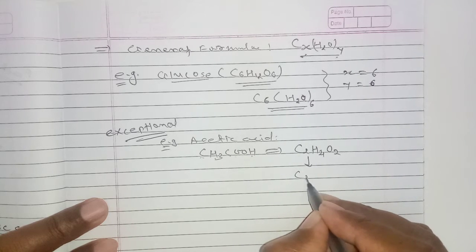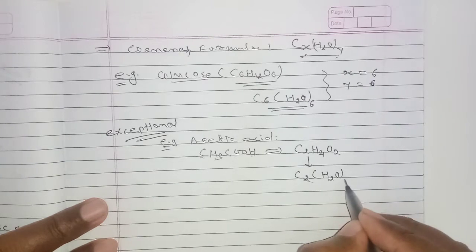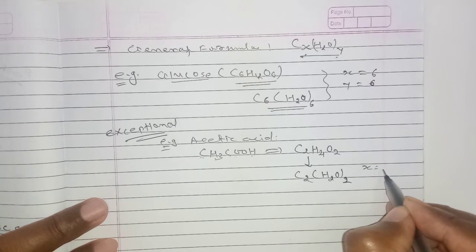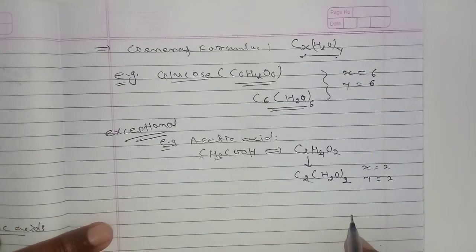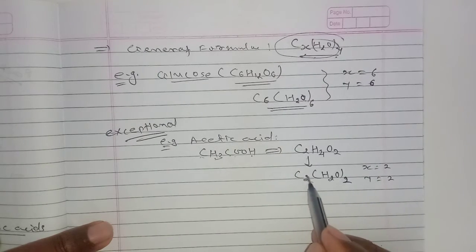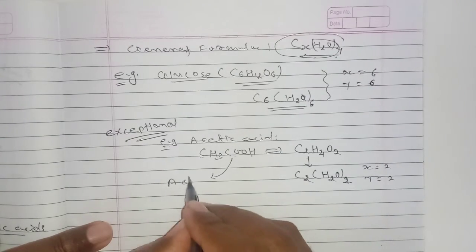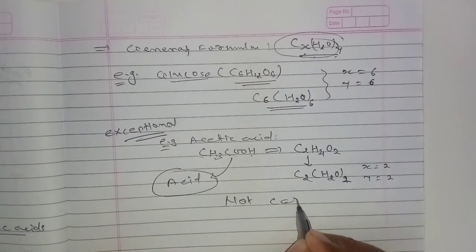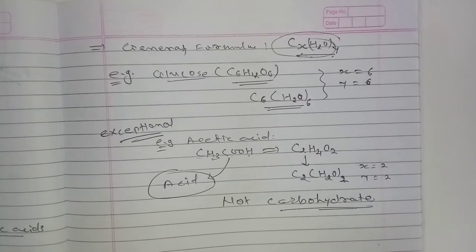As per the general formula, here we can write C2(H2O)2, so x equals 2 and y equals 2. It fulfills the general formula Cx(H2O)y, but it is categorized as an acid. It is not a carbohydrate. This is the exceptional case.